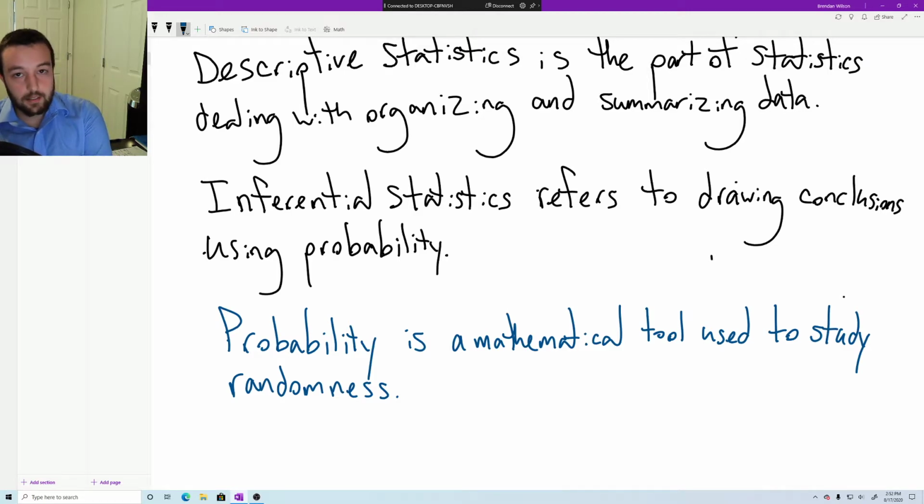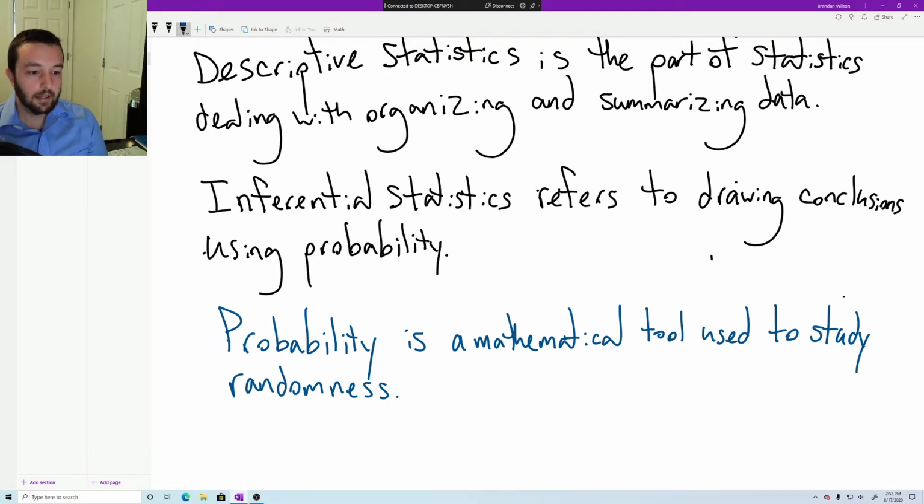So a lot of things in our world happen randomly, or at least they can seemingly happen randomly, right? Like maybe it's not actually random, but when you zoom out and look at everything as a whole, it feels very random. And in those cases, probability is our best bet of studying it. So this is a tool that we use to study randomness. It's a branch of mathematics.